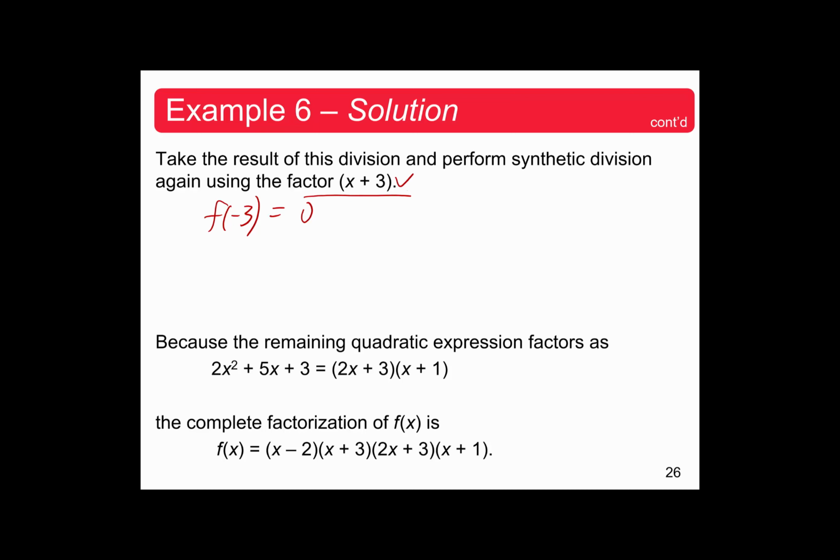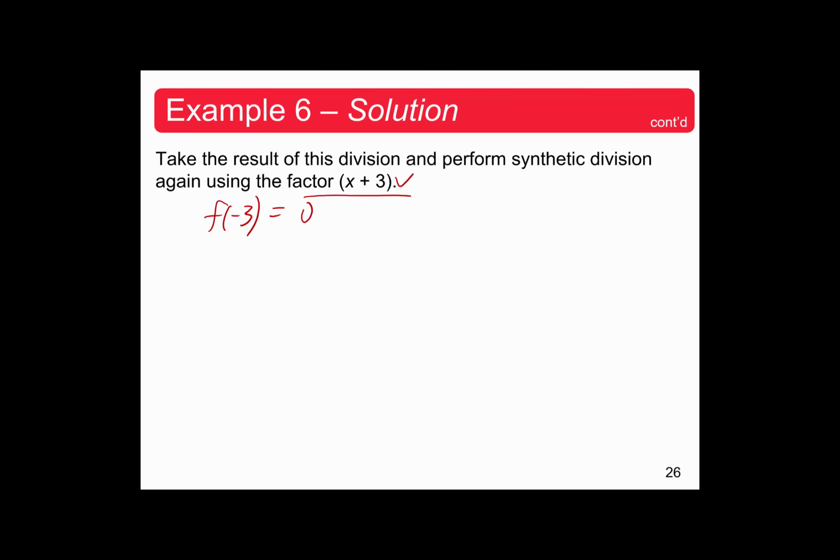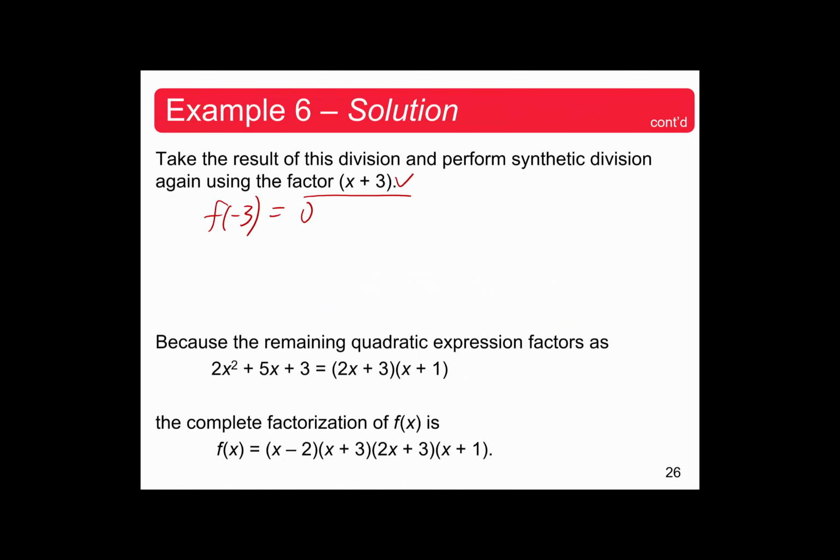So basically, once we confirm that, the remaining factor could be factored as this. So it's x minus 2, x plus 3, and then the remaining factor could be factored into this: 2x squared plus 5x plus 3. Typically, you can factor like this. 2 goes here, 3, positive. And if you cross multiply, you get 2x plus 3x.